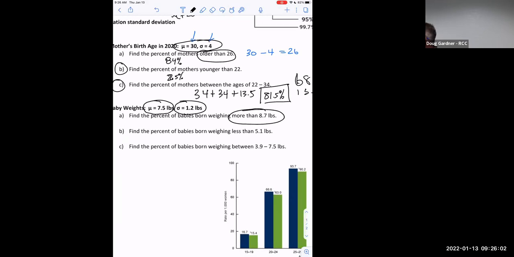Maybe that's like dangerously high. That doesn't seem dangerously high. Find the percent of babies born weighing less than 5.1. That seems dangerously low, like being in the NICU, right? Neonatal intensive care unit. Or what percent are born weighing between this? Remember, we're predicting the future. That's what's so amazing about this. So I'm going to shut up long enough for you to calculate every one of those.